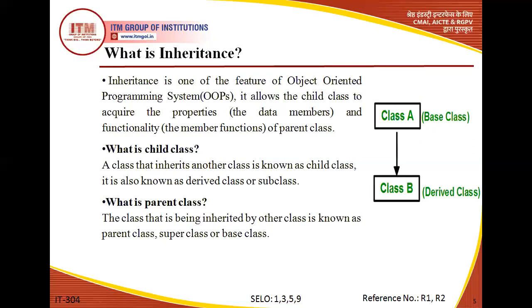So let's see what this topic says. As you can see here, inheritance is basically that feature of object-oriented programming which gives us the facility of reusability, or you can say the advantage of code reusability.